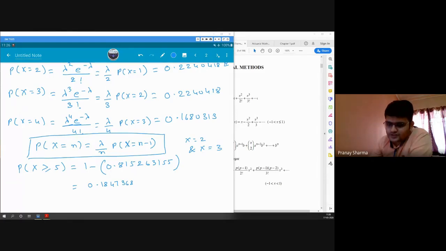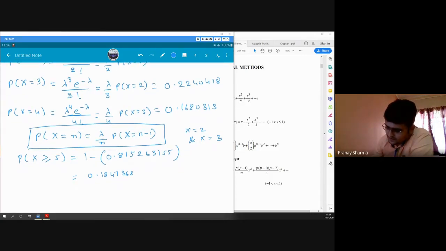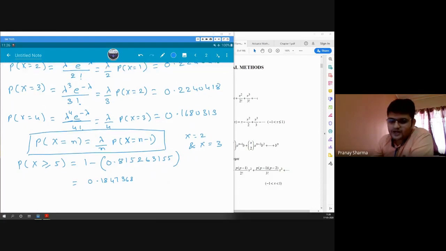Won't mode always be lambda and lambda minus 1? No, not lambda and lambda minus 1. Not really. So mode is not always lambda. It is around lambda, that is correct, but it is not always lambda. Sometimes it might be lambda.